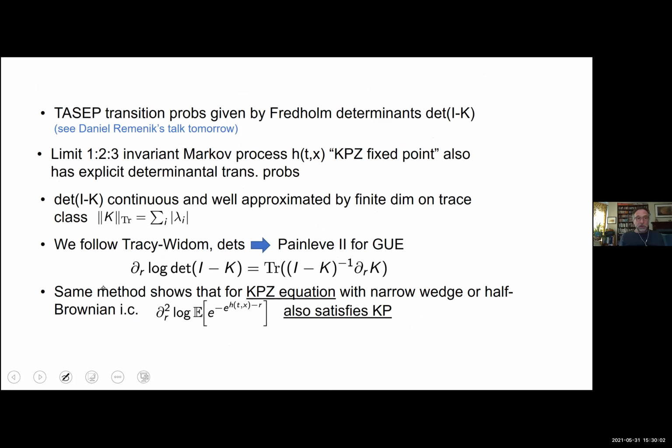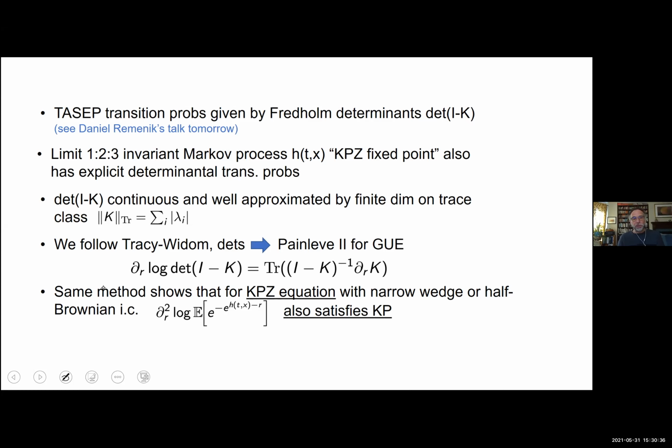Okay, so for the rest of the talk, I want to try to describe how one gets all this. The first step, which you'll hear from Daniel Remenick tomorrow, is to solve a special discretization of the KPZ equation called TASEP.